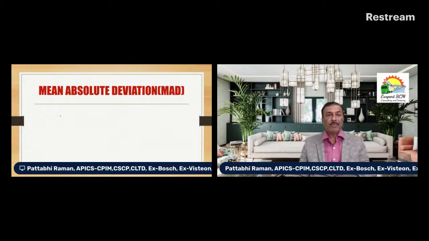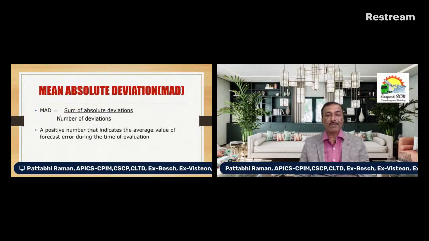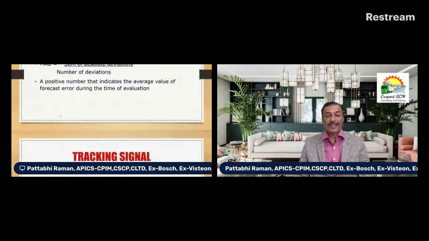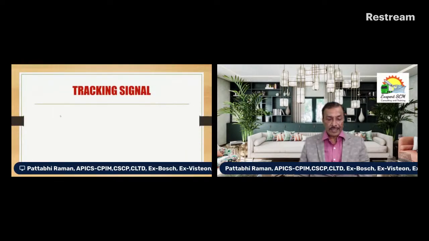Coming to mean absolute deviation, it is nothing but the sum of absolute deviations divided by the number of deviations. Coming to tracking signal, is anyone aware of the tracking signal? This is one of the important metrics for measuring forecast error. Does anyone know what the tracking signal is? Can you type it?